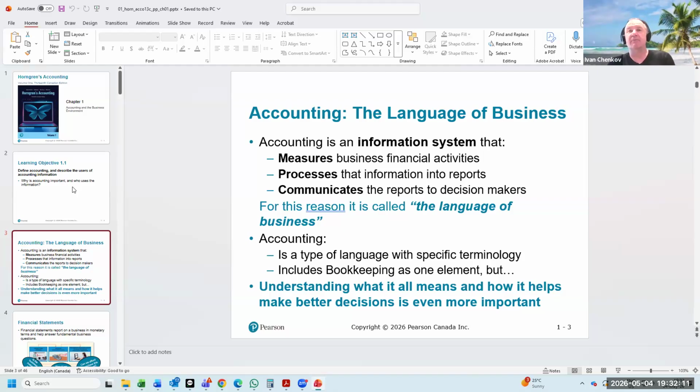So the bank information system that you're using for your personal banking, can it also be called an accounting information system? Absolutely. It has all the requisites the accounting information system has.